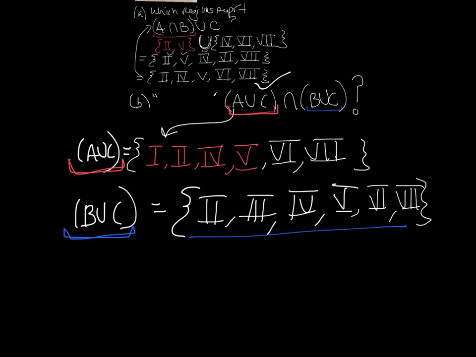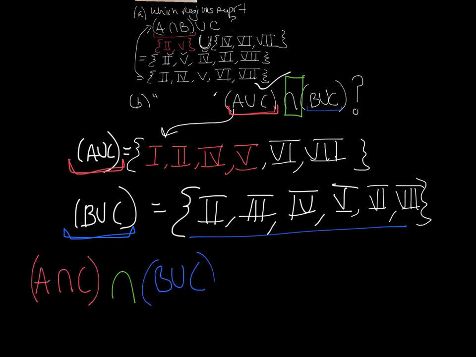So the next step is we want to find the intersection. What's in common to both? So we're intersecting A union C and B union C. Let me go back to white. And what's in common?